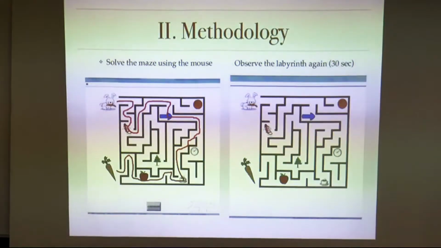In the next task, the participant is requested to solve the same labyrinth, but now using the mouse and drawing a line for the path used to solve the labyrinth, and then observe the labyrinth for 30 seconds without any other instruction.